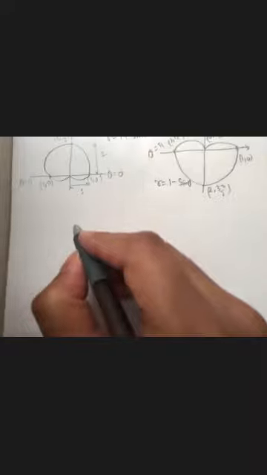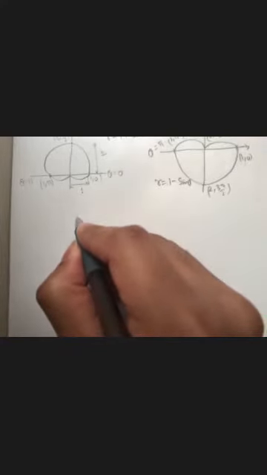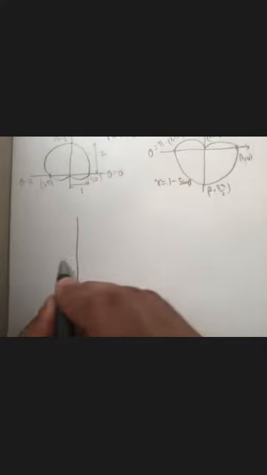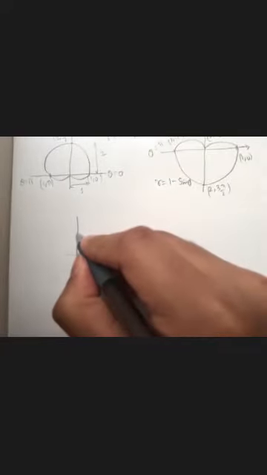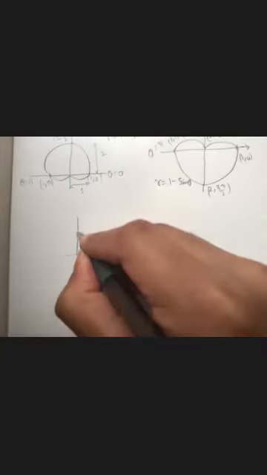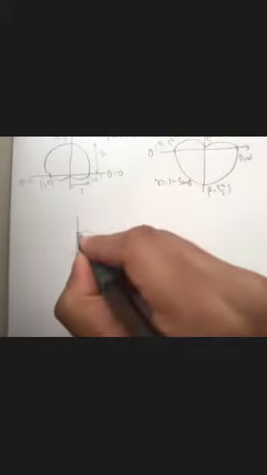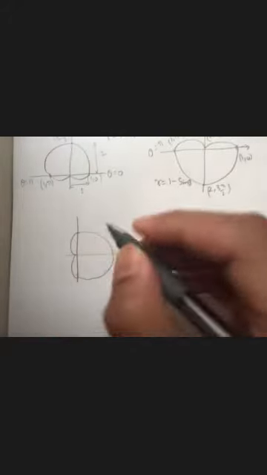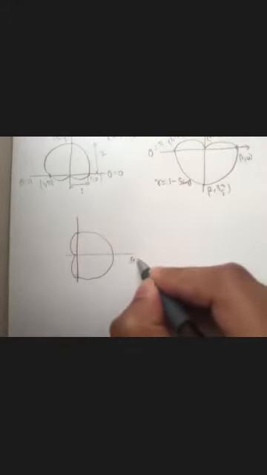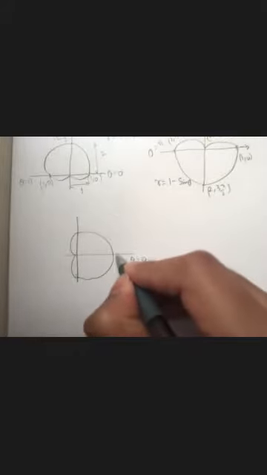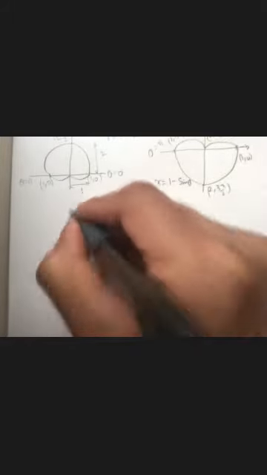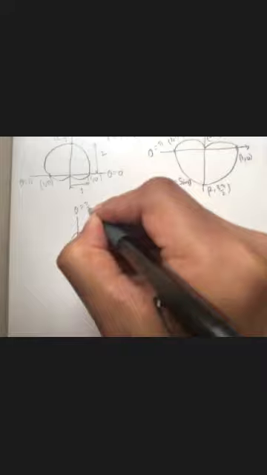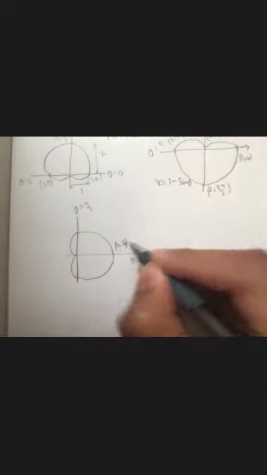Similarly, we can draw another one. Here you have 0 comma 2.